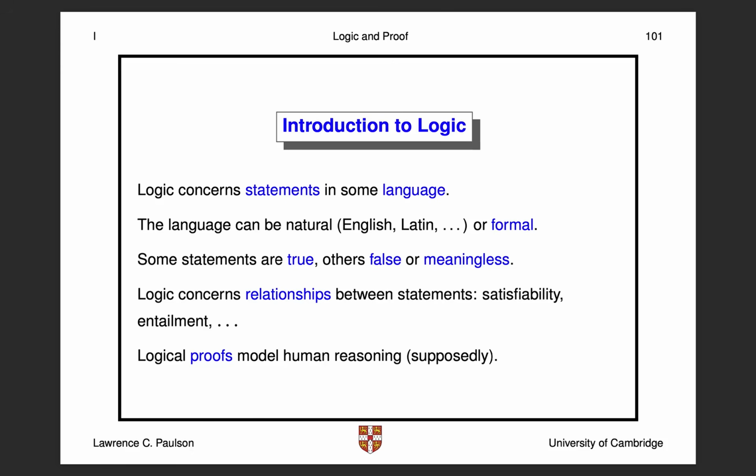So we get into these notions such as satisfiability, which is the possibility of a set of statements all being true at once, or entailment, where when a set of statements are true at once, some other statement is also required to be true.